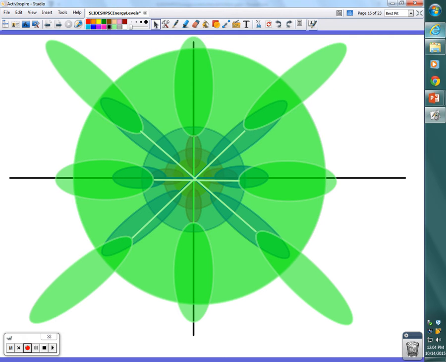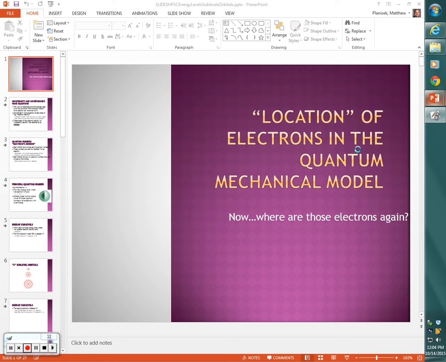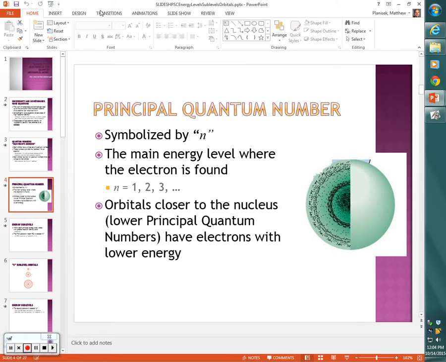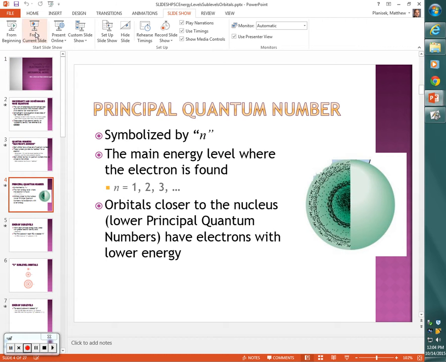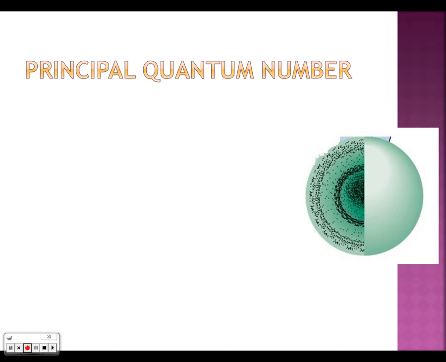Let's start talking about these quantum numbers. So, the first quantum number is called the principal quantum number, right? Remember back from like 5th grade language arts, the difference between principal, P-A-L, and principal, P-L-E? What do your teachers teach you?